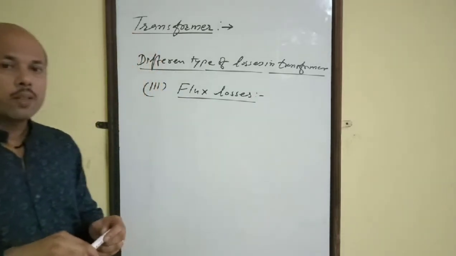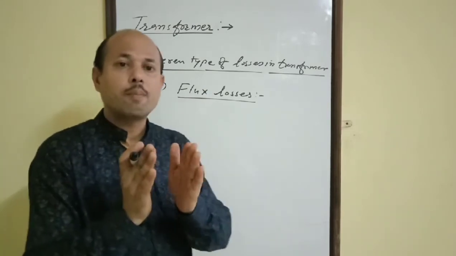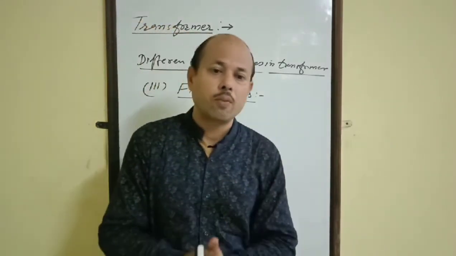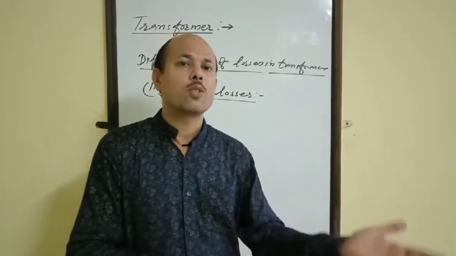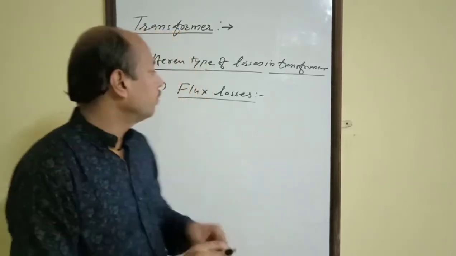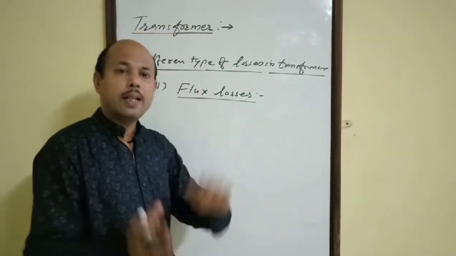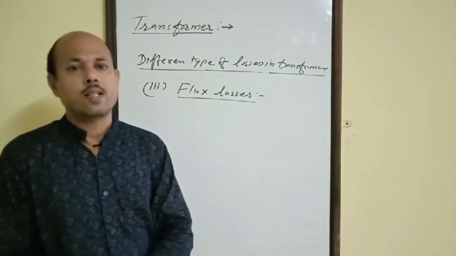What is meant here by flux losses? Flux losses means it may happen that the total flux linked with the primary coil may not be associated with the secondary coil. It means there may be some loss of flux, and if there is loss of flux, it will affect the efficiency of the transformer.